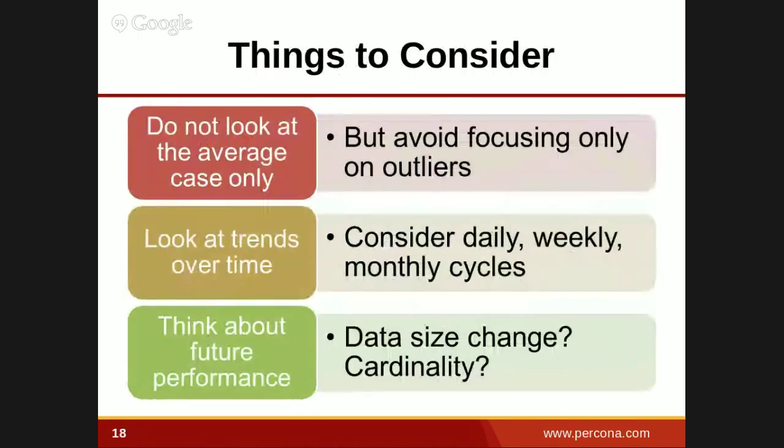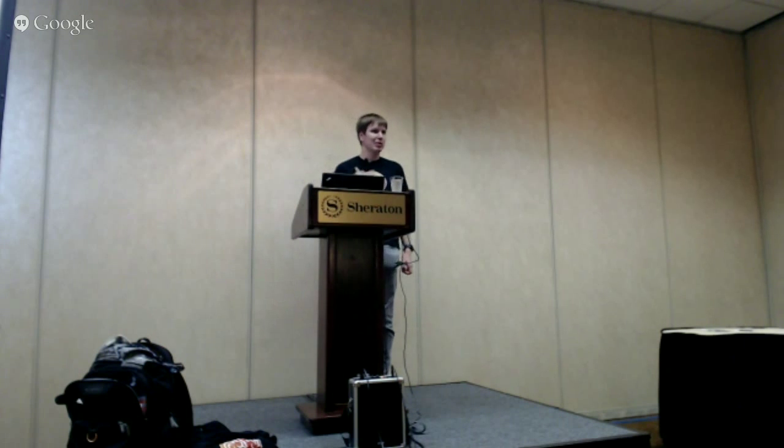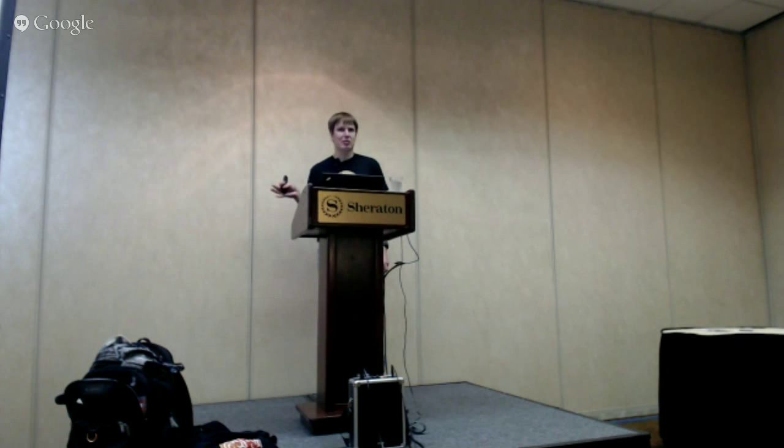So when we look at the queries, there are a few things you want to consider. First is, do not look at the average only, right? Because average is very misleading. Problems almost never happen at the average. But you also don't want to look at complete outliers, because databases are not designed to be really hard real-time systems.